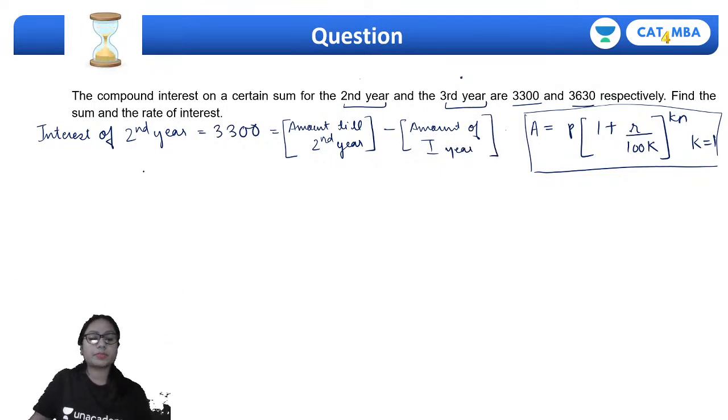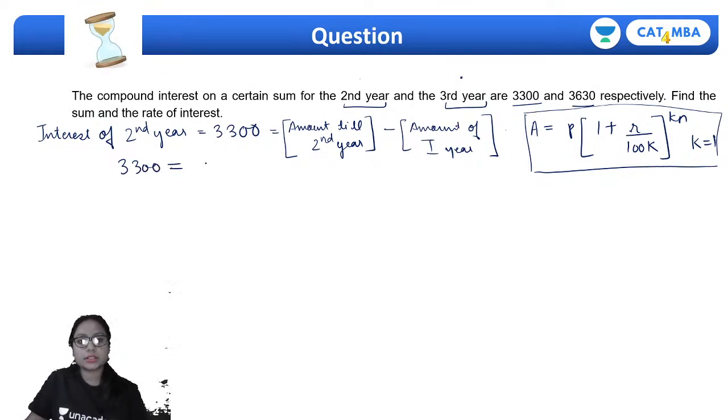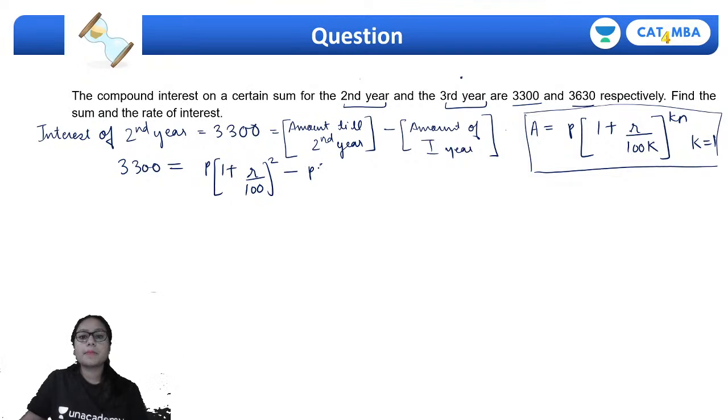Let us try to simplify this. So from here I have 3300 is equal to principal, I don't know, so let us take the principal as P, into 1 plus rate of interest, which is also not given, so let us take that as R upon 100 raised to the power 2 minus principal into 1 plus R upon 100 raised to the power 1.